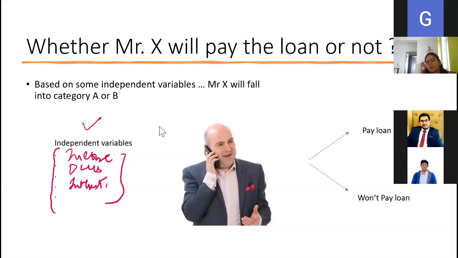Based on that past data, I can predict for new 100 people whether they are going to pay the loan or not. Like in regression, we were fitting the line. Here we are not fitting a line. What we are doing is classifying, and here the dependent variable is categorical. In regression, the dependent variable was not categorical, it was metric.